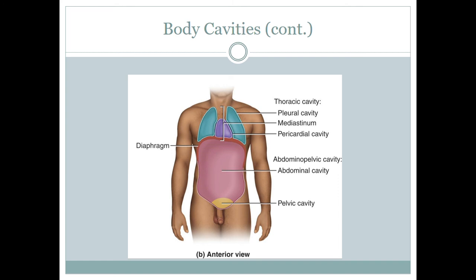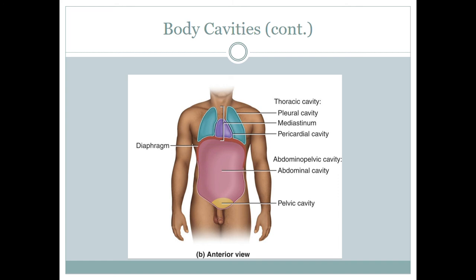Then, inferior to the pleural cavities and the pericardial cavity, again, is the diaphragm, which is a sheet-like muscle. And then inferior to the diaphragm is the abdominopelvic cavity, which is subdivided by an imaginary line into an upper abdominal cavity and a lower pelvic cavity.